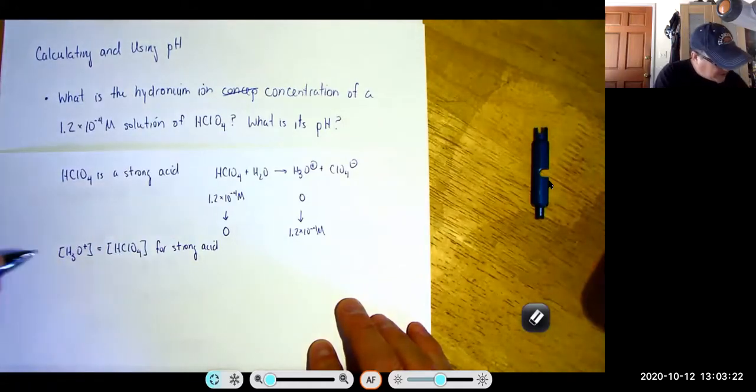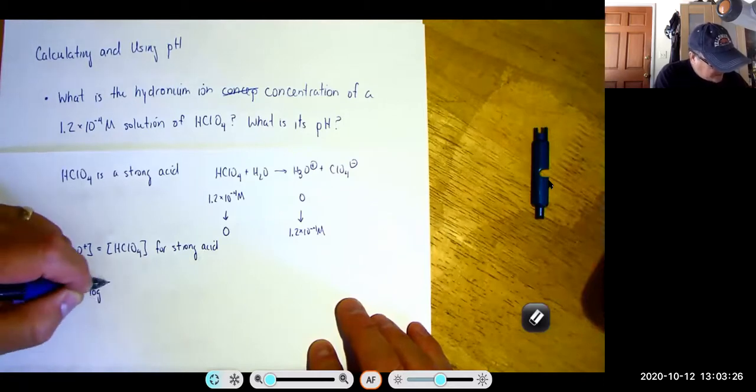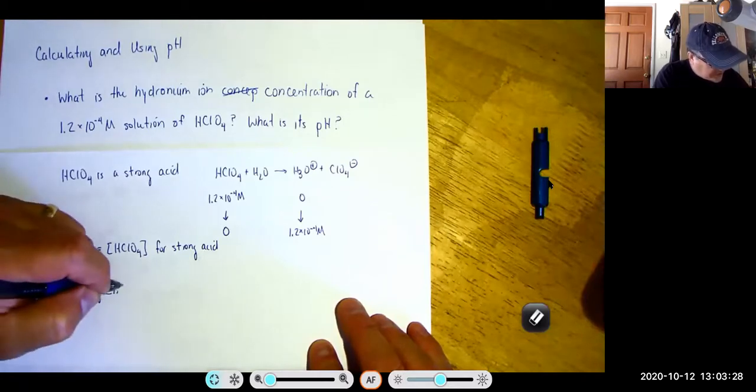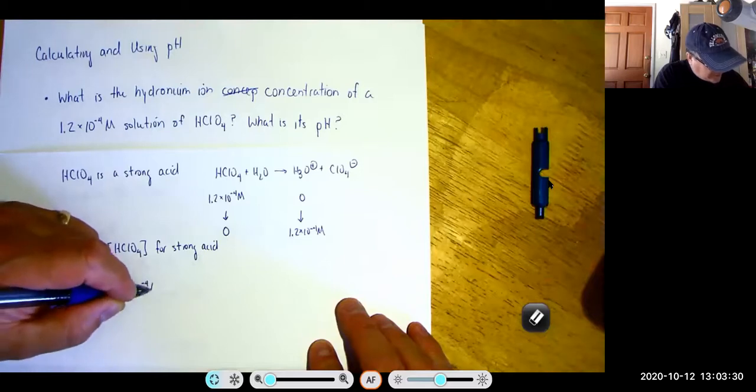So pH is equal to negative log of 1.2 times 10 to the minus 4 molar.